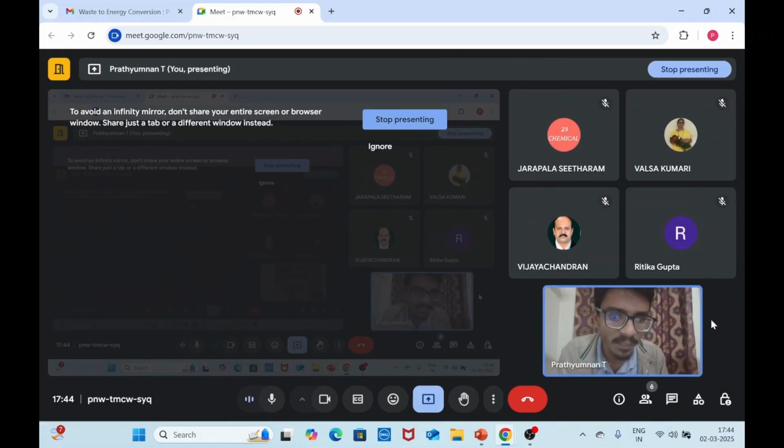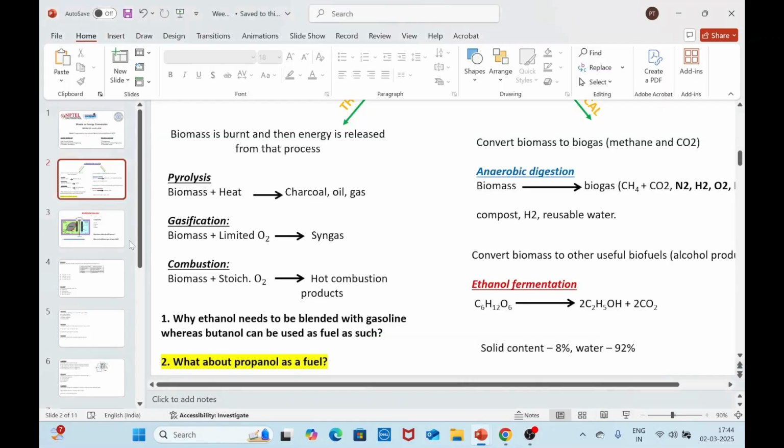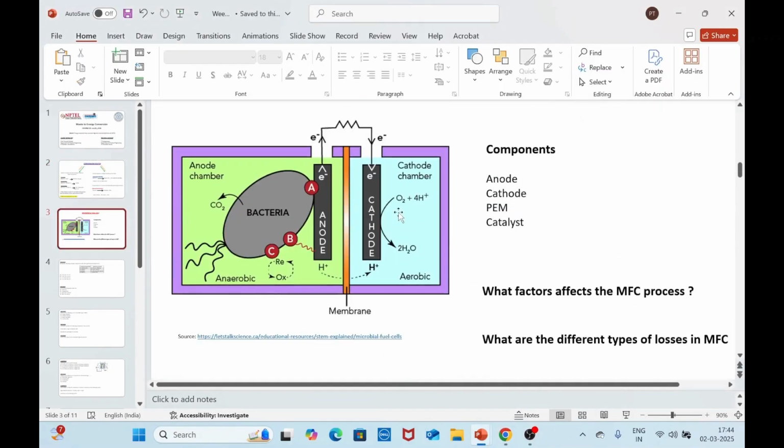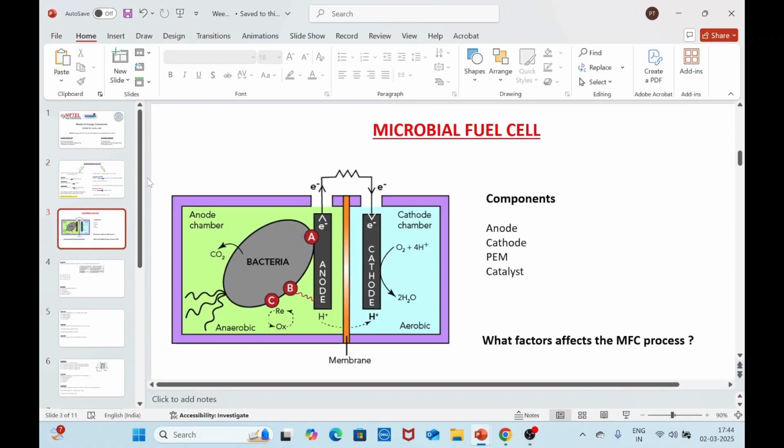Someone said that just now, I believe. Okay, so let it be here and let's move towards something called microbial fuel cell.